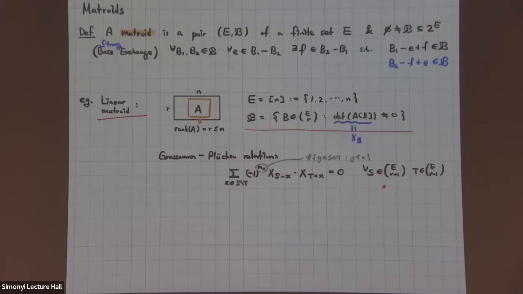Let's take this as our basis, and then we choose B1 and B2 here. We fix e first, and then take the sets B2 plus e and B1 minus e.